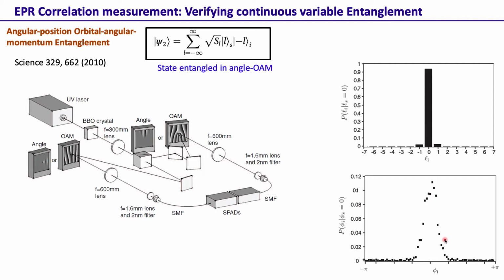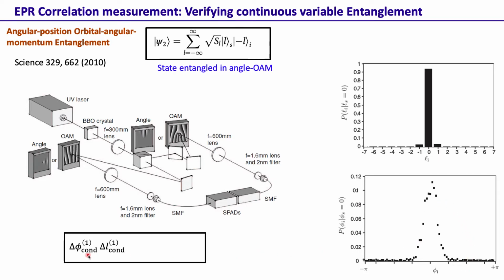Similarly, we can do it for the angle. That means when the signal is fixed at some angle, and for this one we put this device where we have a narrow angular slit here as well as a narrow angular slit there in order to define the angular position or angular location of the signal or idler photon. So this is when the signal photon has some fixed known angular position, and then we scan the idler angular position, and that's what we get.